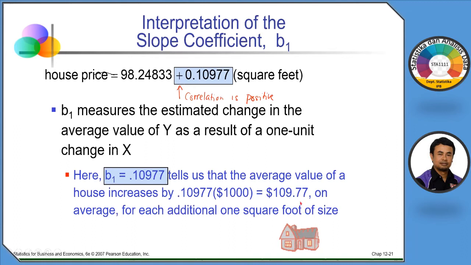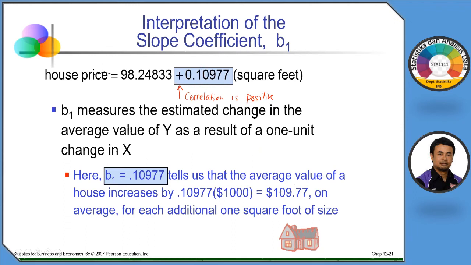So if the house size increases by 1 square foot, then the house price increases by $109.77. That is the meaning of this.